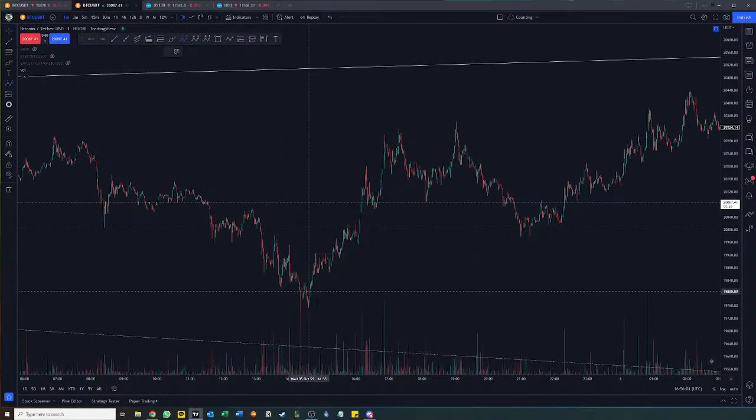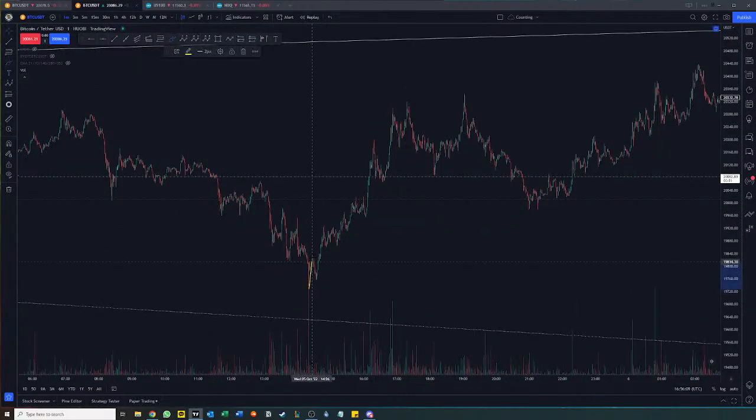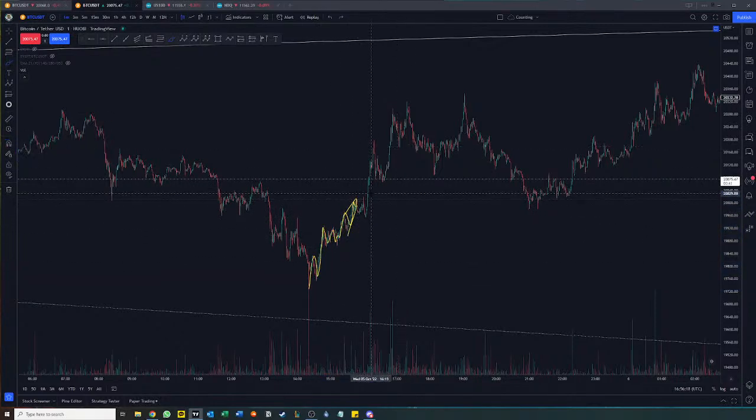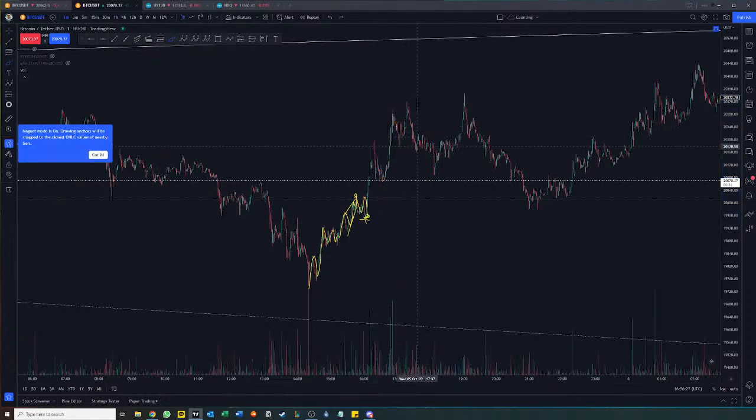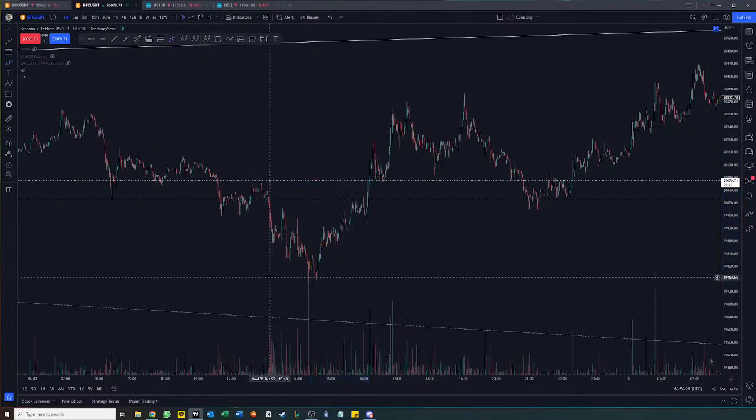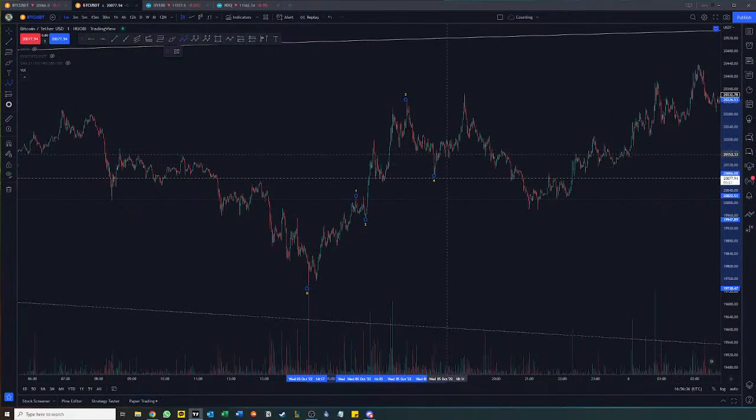Yeah, this looks like 5 waves. Something like 1 2 3 4, 1 2 3 4 5 as an ending diagonal. That's one wave, and that's B wave. A B 1 2 3 4 5, which means actually it's 1 2, I think it's 3 4 5.